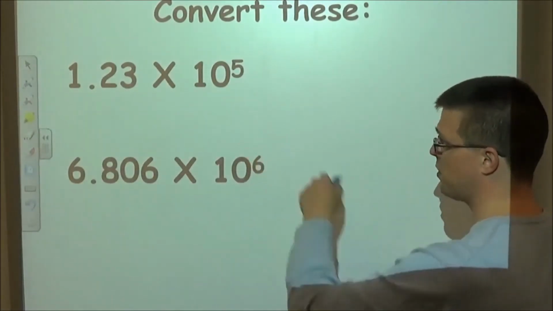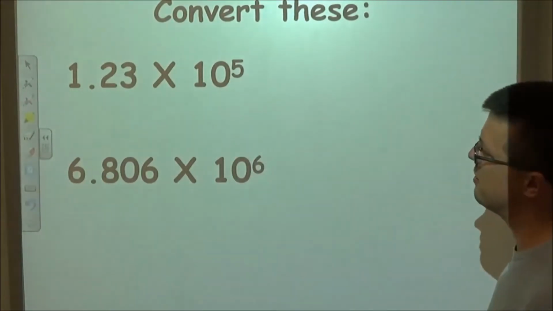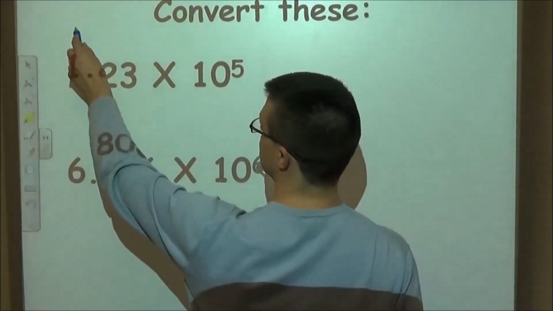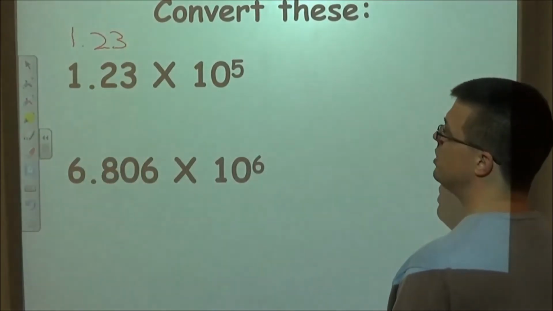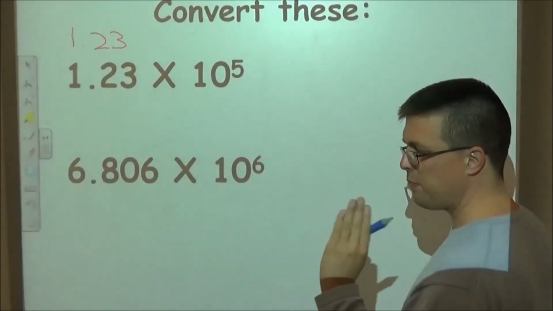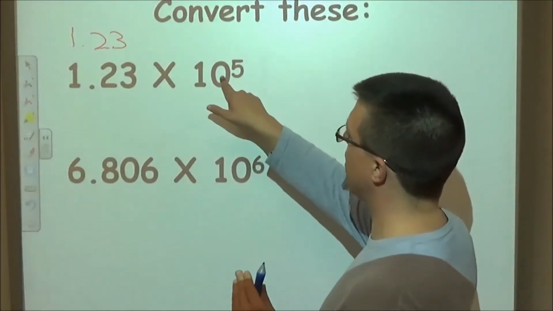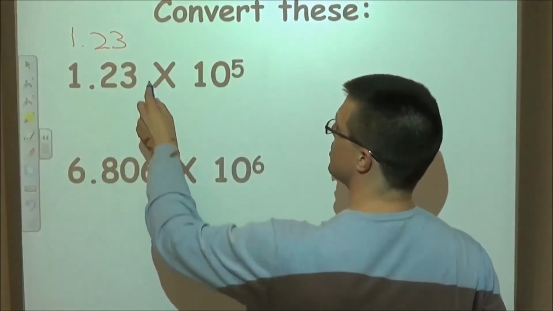Let's start with the first example. First example says you have 1.23 times 10 to the 5th power. So the first thing you're going to do is write down the 1.23. And then what you're going to do is count to the right 5 places, because this is saying right here that this number is bigger than that. So let's go ahead.